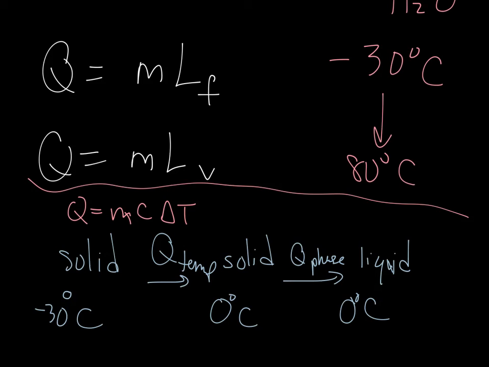Good. F stands for fusion. Fusion is solid to liquid or liquid back to solid. V stands for vaporization. That's liquid to gas or gas back to liquid. So Q for phase, I'll write the formula up top. Q equals MLF. And then after it's 0 degrees as a liquid, what does it still have to do, Sierra?